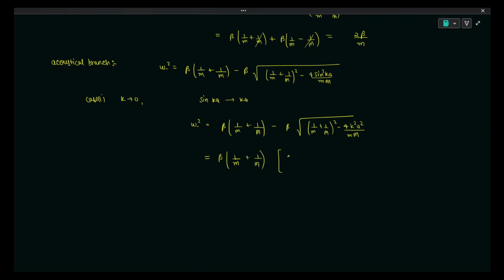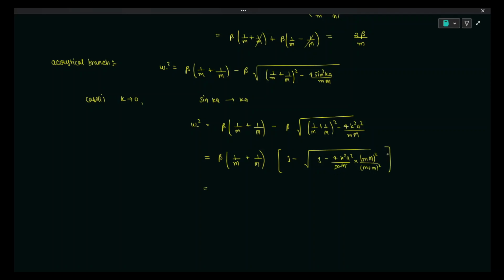So this becomes 1 minus beta is common out, so this will become 1 minus 4 k square a square divided by small m capital M, and then here it will be small m capital M whole square divided by small m plus capital M whole square.